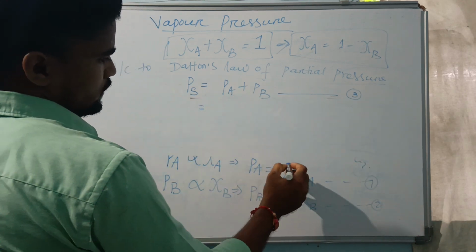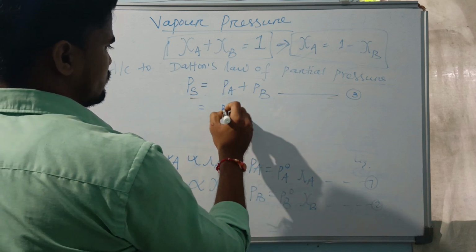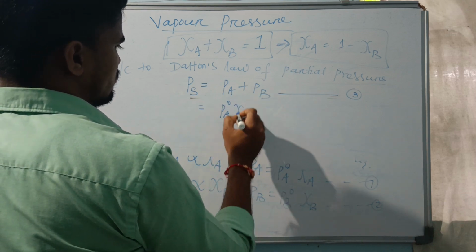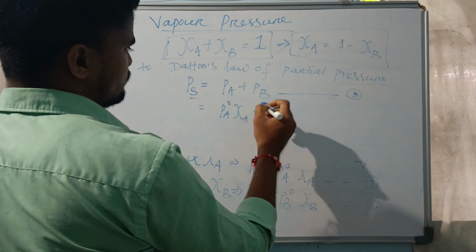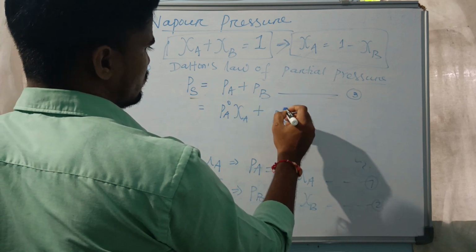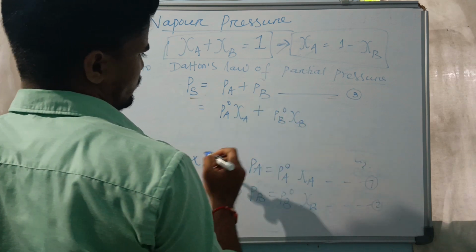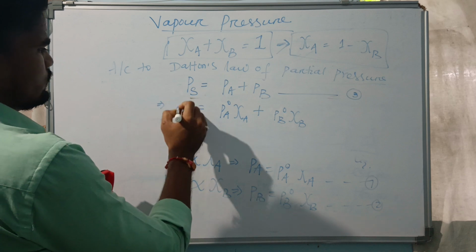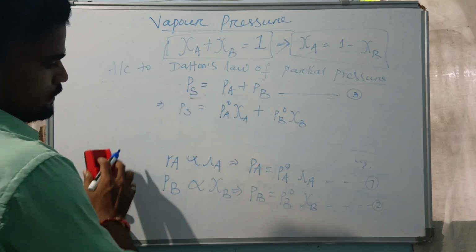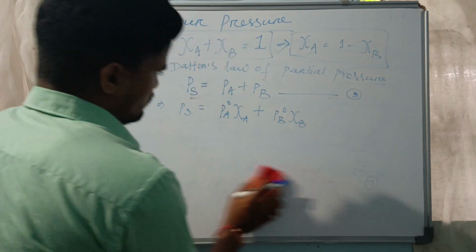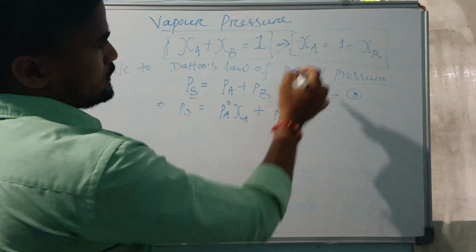So what will happen? PA is PA naught chi A, so PA naught into chi A plus PB, which is PB naught chi B. Clear? Now what is chi A?